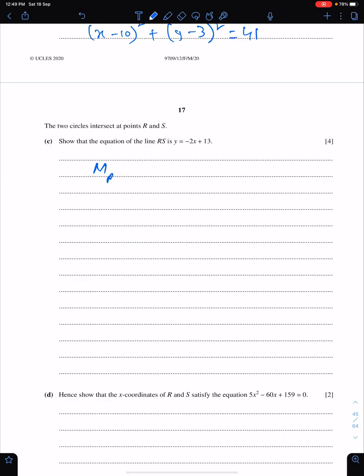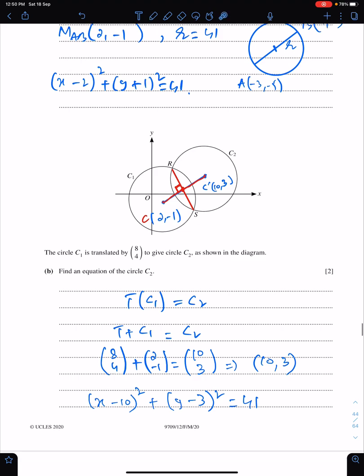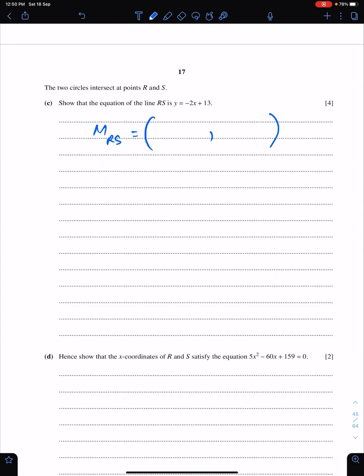The midpoint of RS can be found by taking the midpoint of both the centers. So this is (10, 3). When you find the midpoint of these two, you'll get this midpoint. So it should be 10 plus 2, 12, 6 and 1. So it is (6, 1).